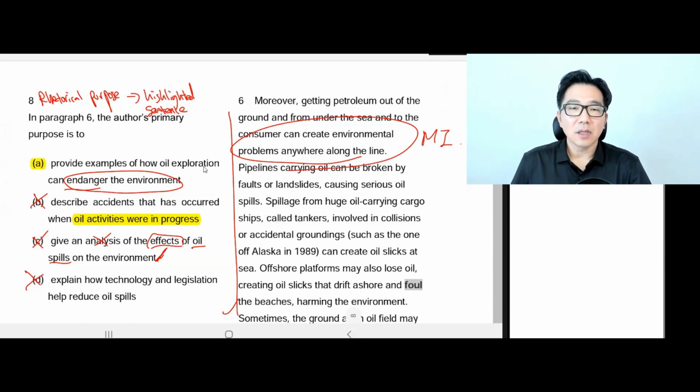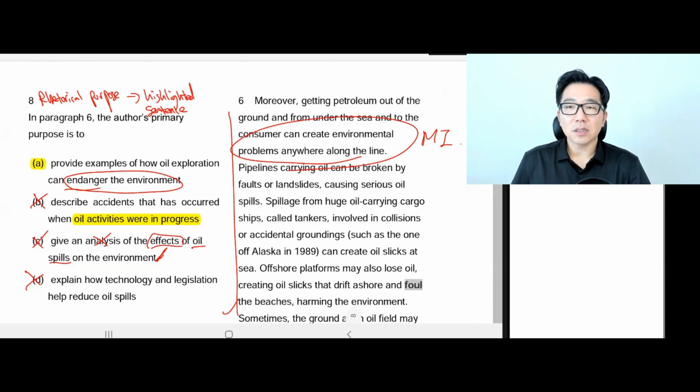Chances are it's very low you'll get this question type exactly, but it's just something new, so it's worthwhile studying, understanding and remembering that this is still a rhetorical purpose question type. So question 8 is A.